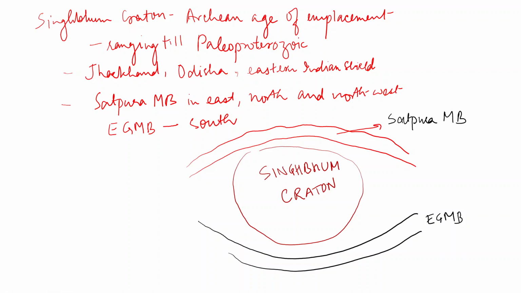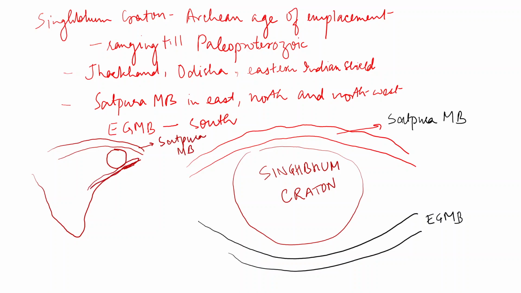The Singhbhum Craton lies close to the Bastar Craton. So if we look at the peninsular part of the Indian Shield, on the eastern side, this is the Satpura mobile belt.